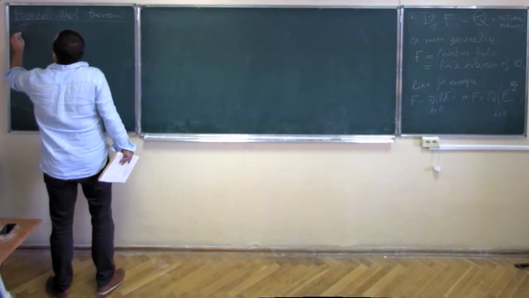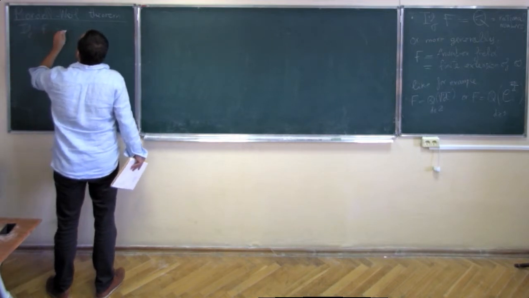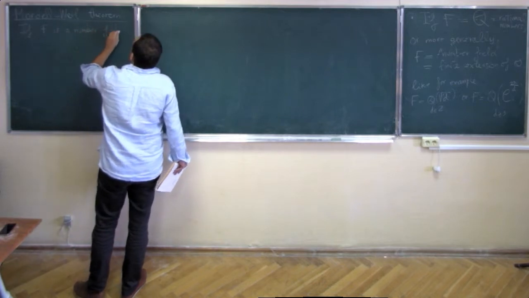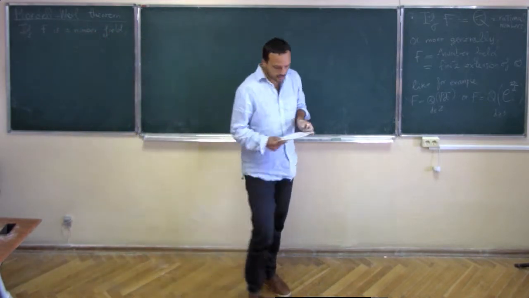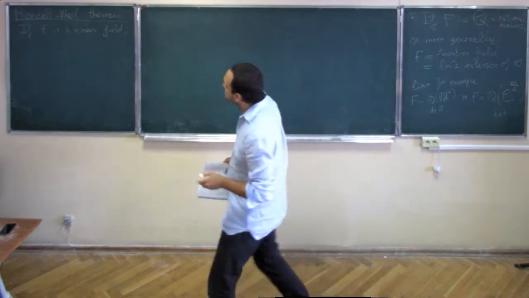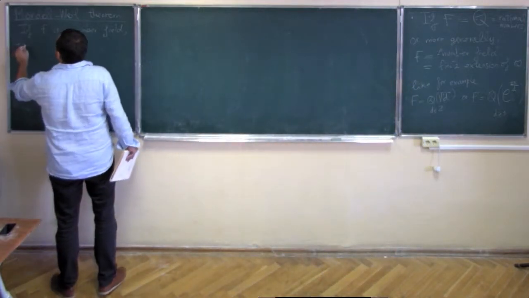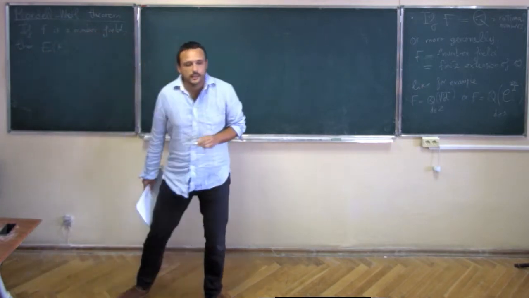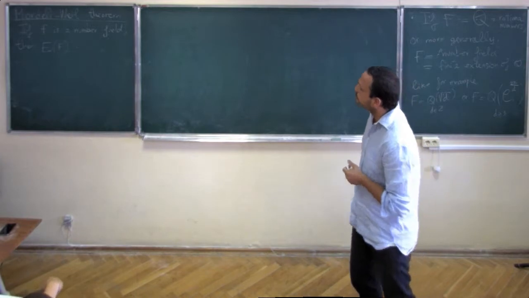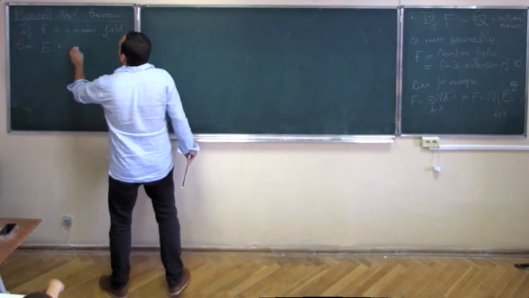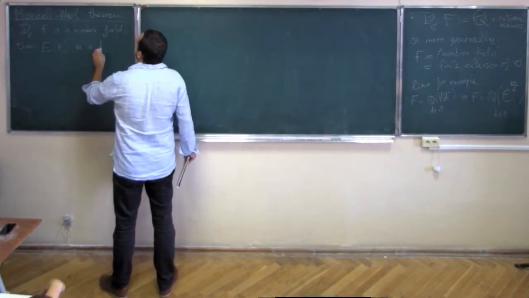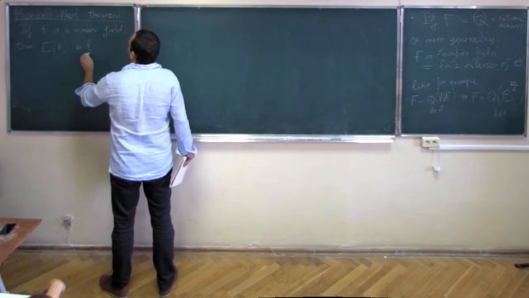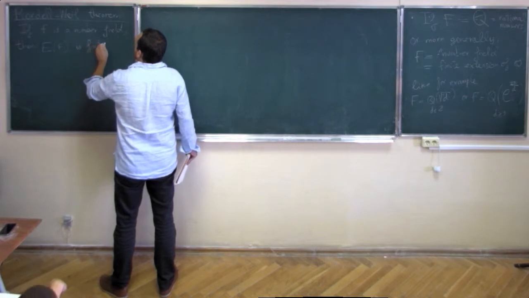It says that if F is a number field, think simply of Q if you wish, then the abelian group of F-rational points, the set of solutions to the Weierstrass equation, is a finitely generated abelian group.